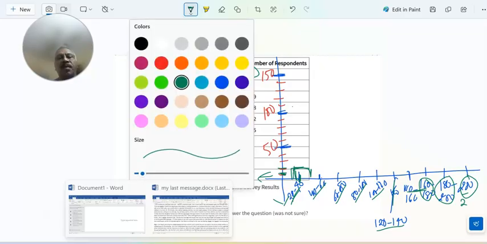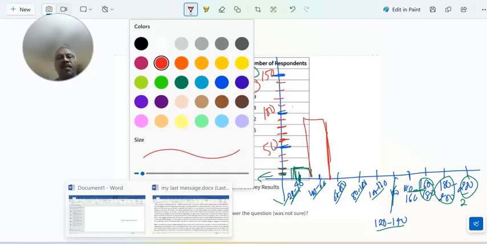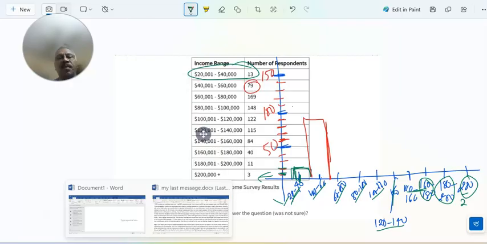And then the next one is 79, which is almost 80. If this is 50, 60, 70, 80, like this. Next one I use the green color again, 169, which is almost 170.